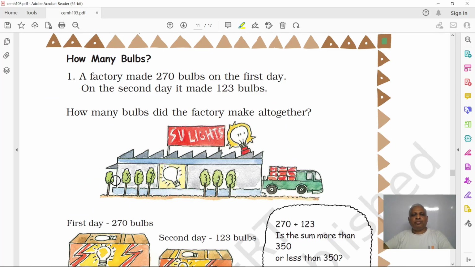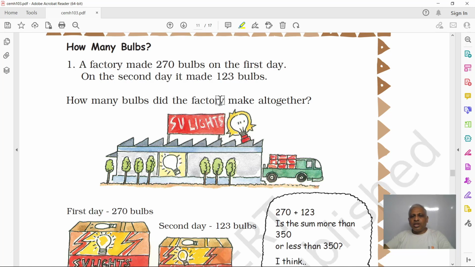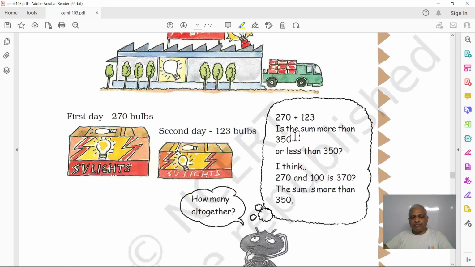Okay, now a factory made 270 bulbs on the first day. On the second day, it made 123 bulbs. This is a bulbs factory. Okay, they make the bulbs. Total, how many bulbs they made? It's a simple addition. 270 plus 123.